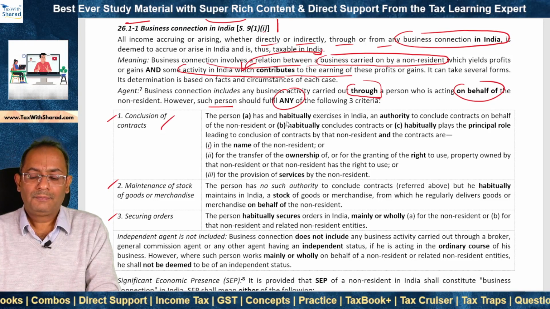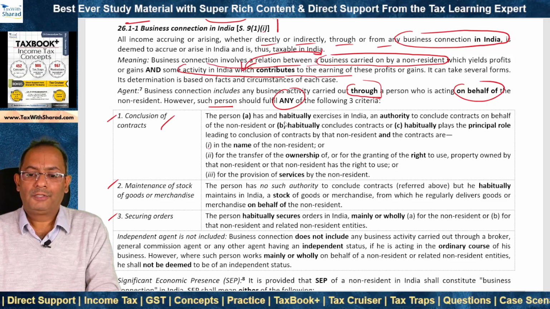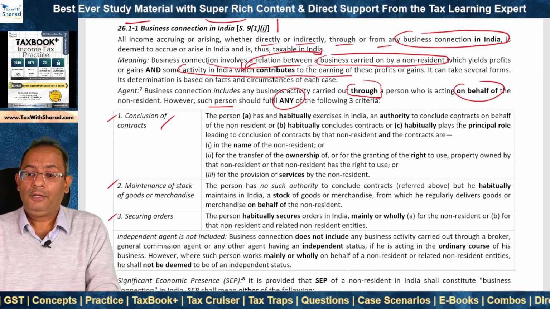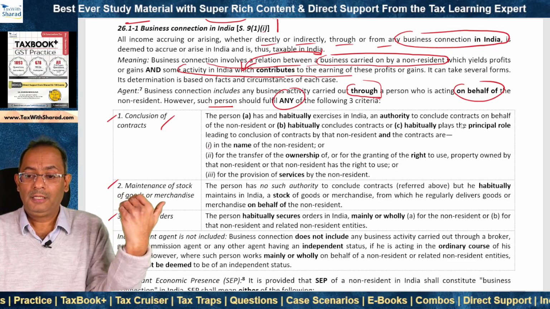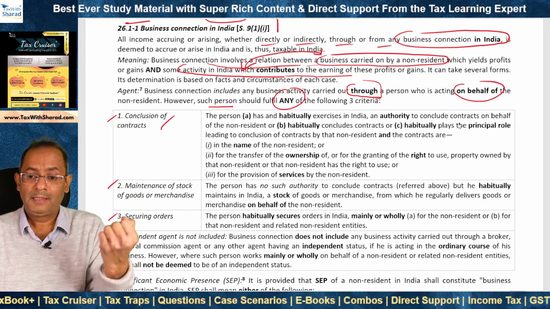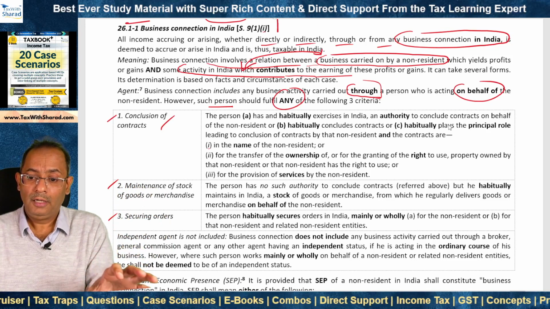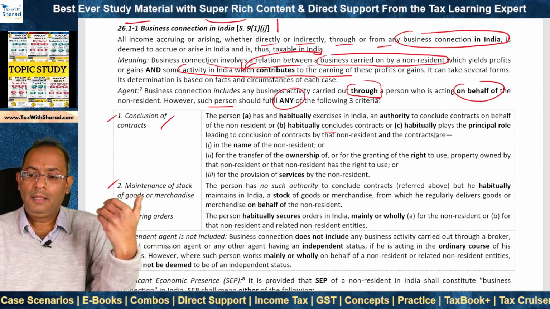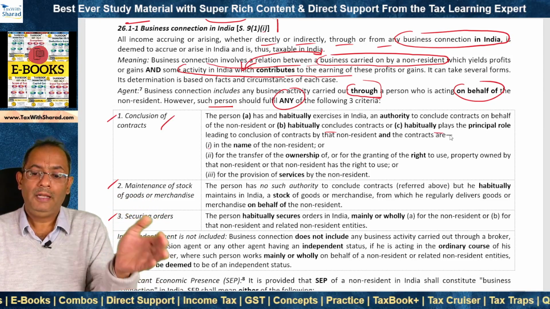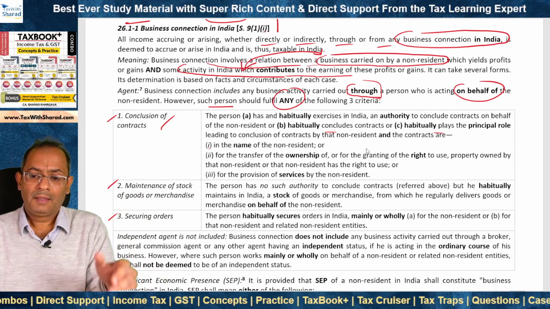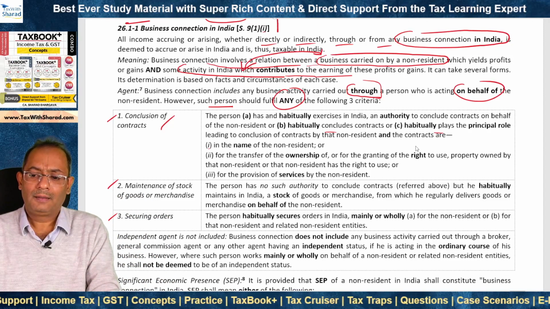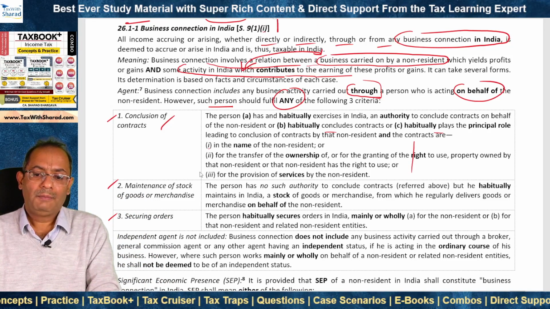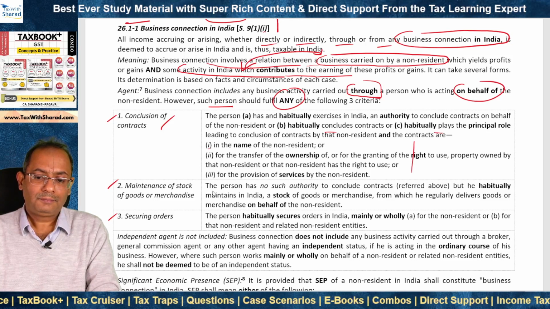Conclusion of contracts, for example, where the person has and habitually exercises an authority to conclude contracts. For example, where the agent has the authority to conclude contracts and he habitually exercises that authority, or he habitually concludes contracts, or he habitually plays the principal role leading to the conclusion of contracts, then, and there are certain other criteria to be fulfilled as well, then in such case, business connection is said to have arisen.